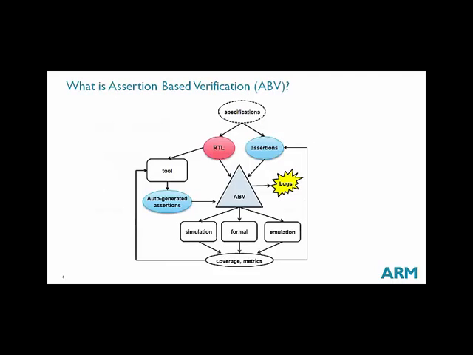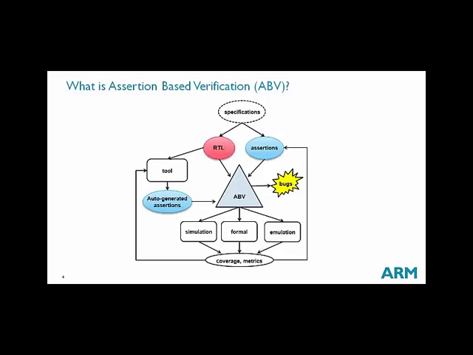So this is a nice, or not so nice, picture showing ABV. It's actually a bit difficult to illustrate in a picture what ABV is, so I try to do that here. It's not perfect. In the ideal case, we start from specifications. From these, designers write an RTL, and other people or the same people write assertions.